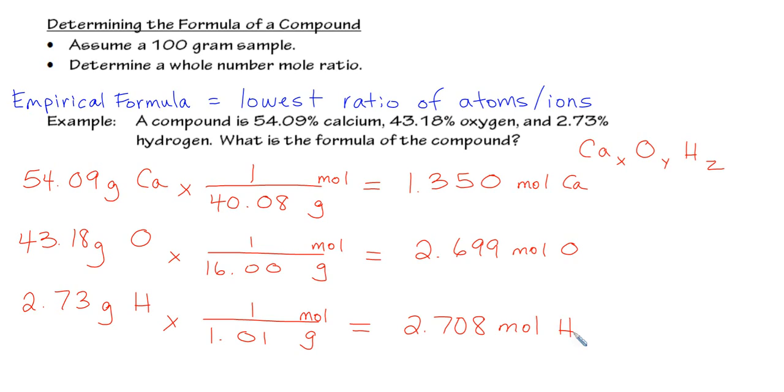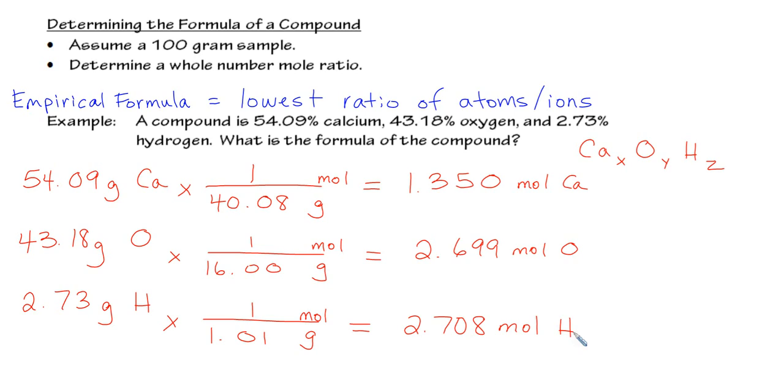These are not whole numbers, 1.3, 2.7. However, I can make them whole numbers. If you do get to this point and you would have had like 1.99 or 2.01 or something like that, you're probably close enough to whole numbers that you can apply that to the formula right away.